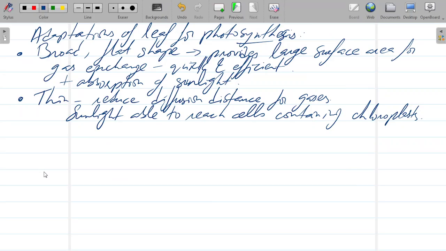Let me just go back to the whiteboard. Parts of the leaf and their function.